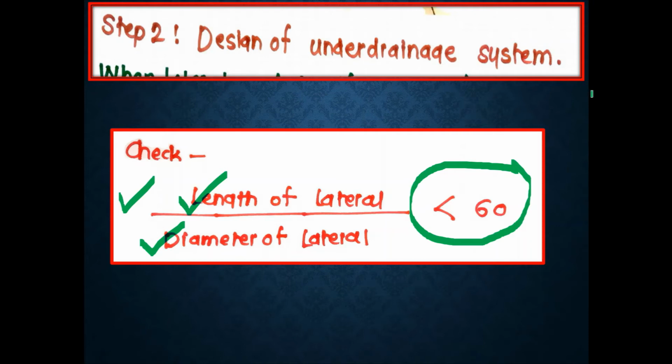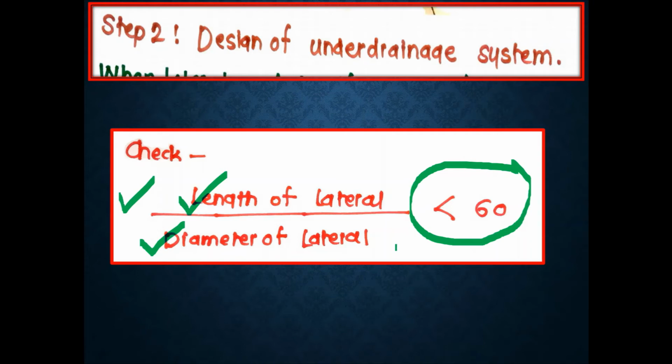I have just discussed how to calculate the length of the lateral, but for the diameter, your idea will become clearer when we actually calculate it while solving one design example.